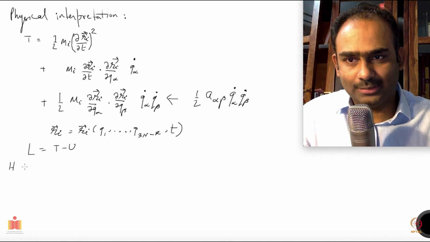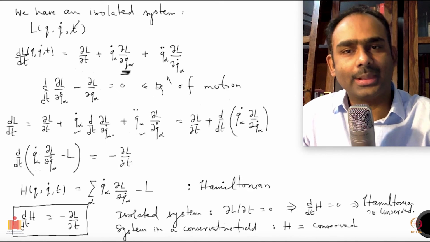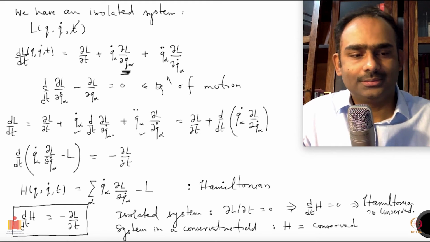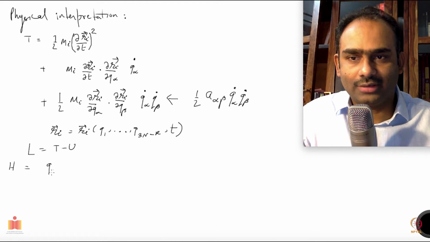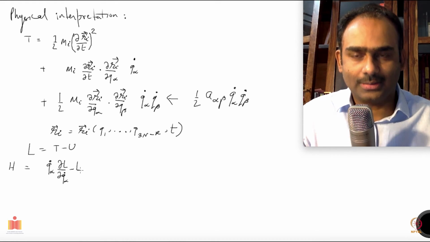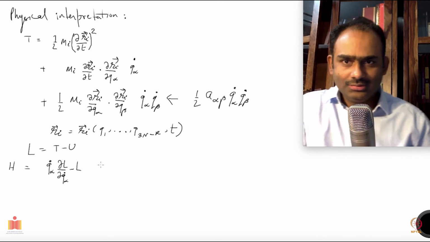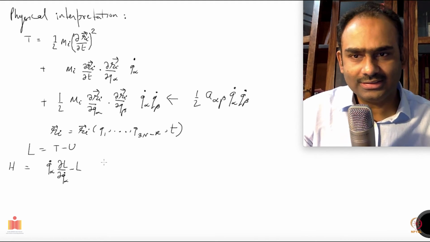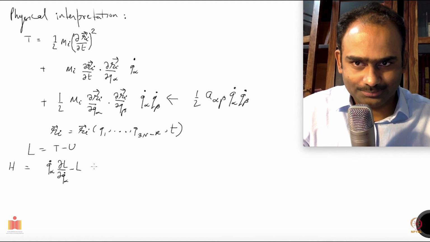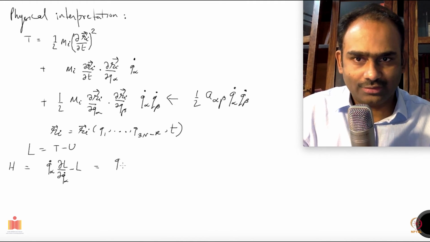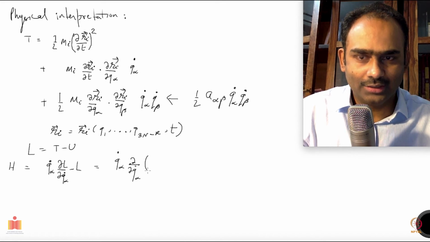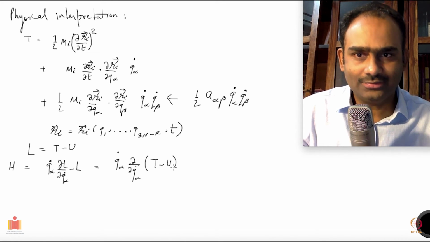Now let's look at the Hamiltonian. Your H is Q alpha dot del by del Q alpha dot minus L. Okay, so let me write it down. Now your L is T minus U, so let me write it here for once.